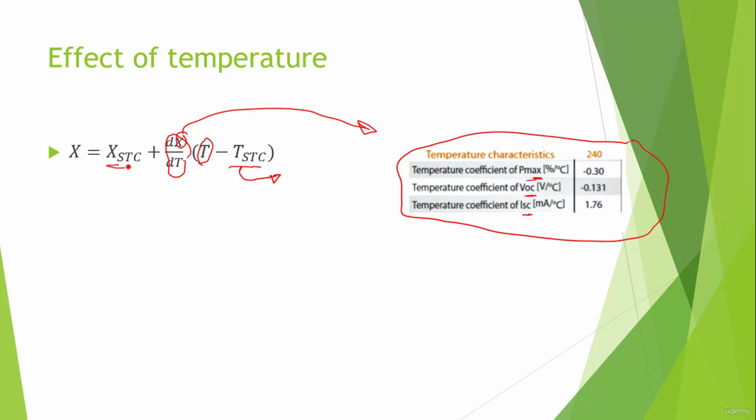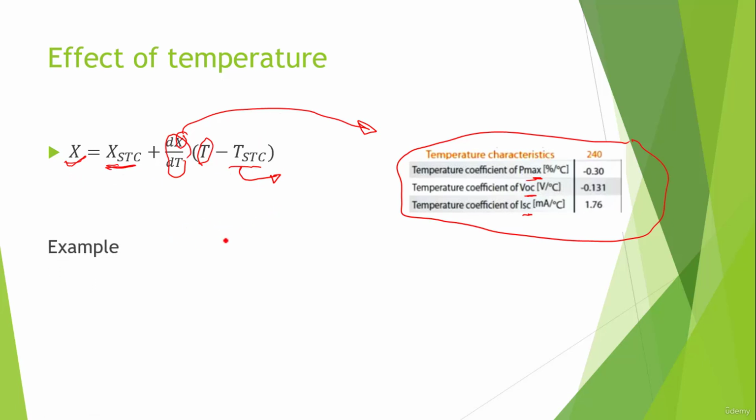X STC is the parameter, which could be power, open circuit voltage, or short circuit current at the standard temperature condition. And X stands for the new parameter. To understand this equation, we will need to understand it with an example.